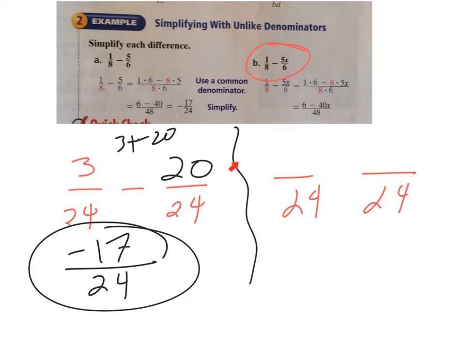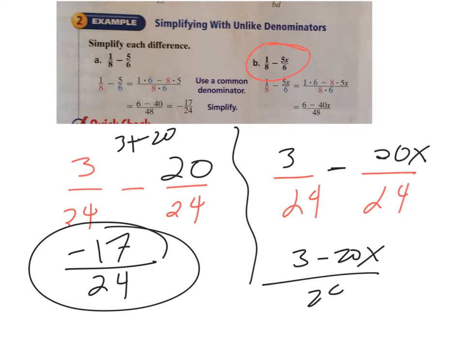So 8 goes into 24 3 times. 3 times 1 is again 3. 6 goes into 24 4 times. 4 times 5 is 20, so that's 20x. And we subtract. Now the great thing is you can't really do anything with these two, so it stays as 3 minus 20x all over 24.